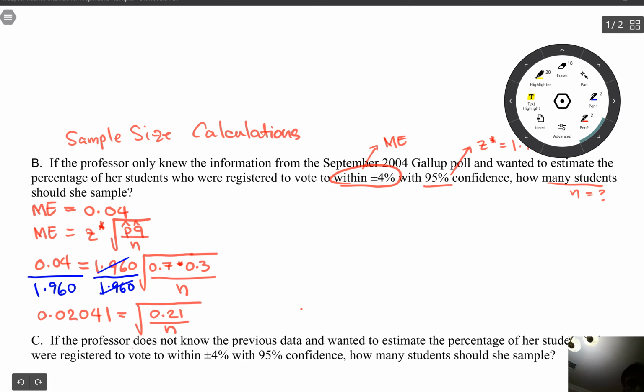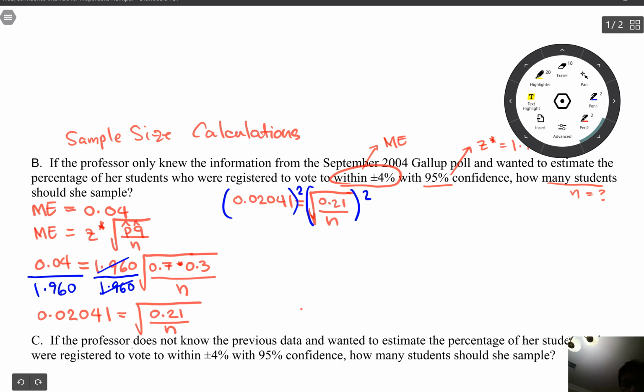Let me copy that one. 0.02041 is equal to the square root of 0.21 divided by n. Now again, how do I undo this square root sign? We are going to square both sides, and that should take care of the square root sign.